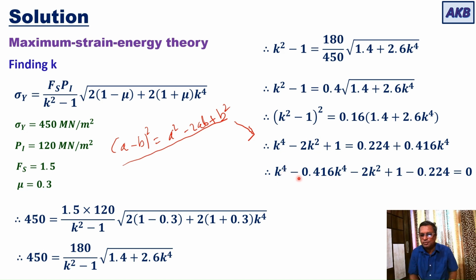So it will be k raised to 4 minus 0.416 k raised to 4 minus 2k square plus 1, and when the other term is brought to the left-hand side, it will be 1 minus 0.224, equal to 0. So finally you get 0.584 k raised to 4 minus 2k square plus 0.776, that is equal to 0.